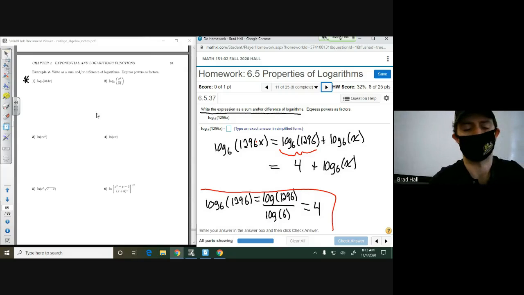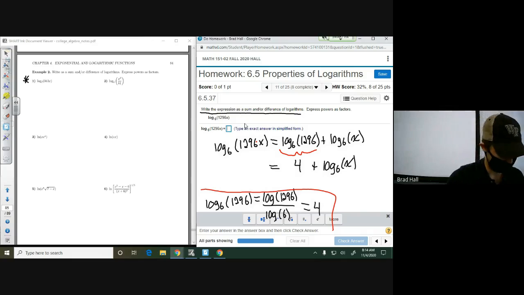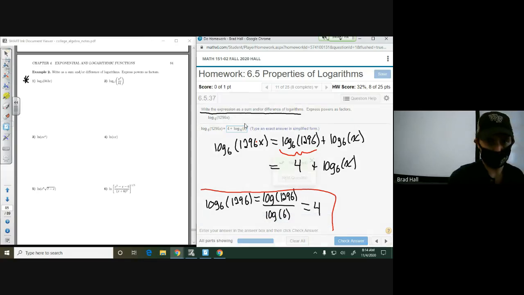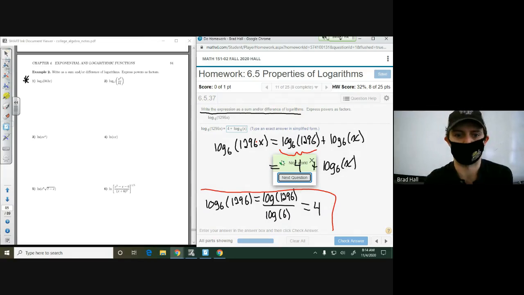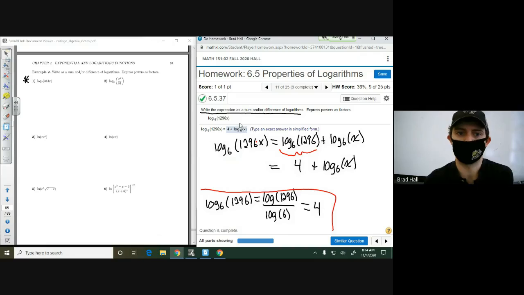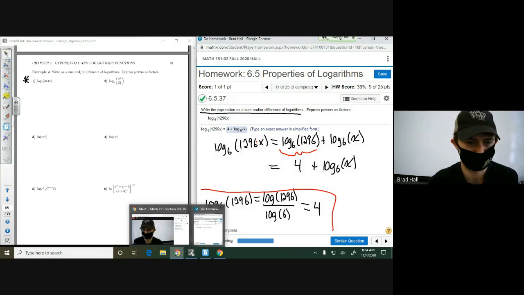And we're not solving for anything. We're not trying to get an x by itself. So we can just conclude with 4 plus log base 6 of x. And again, the parentheses are optional. I recommend putting them. But if you didn't put the parentheses around the x, that'd be fine.